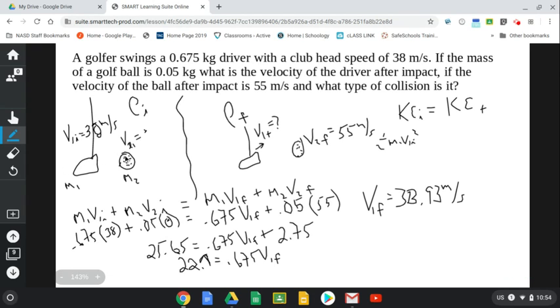The golf ball has 0 kinetic energy, so I'll just put that 0 in there. And over here on this side of the equation, we're going to have 2 objects with kinetic energy: 1/2 m1 v1f squared plus 1/2 m2 v2f squared.